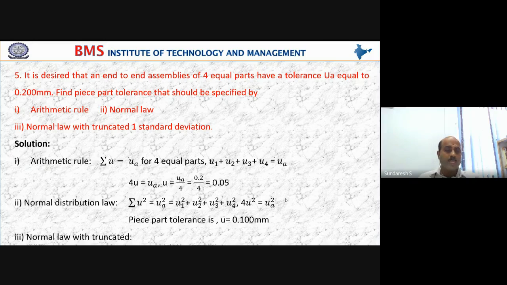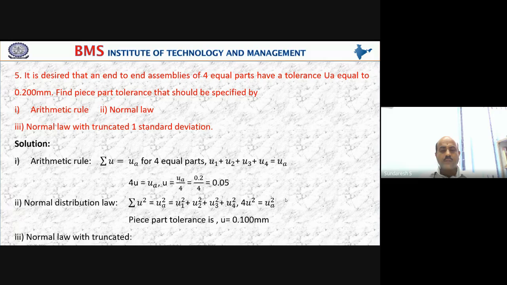Find the piece part tolerance that should be specified by, first, the arithmetic rule.